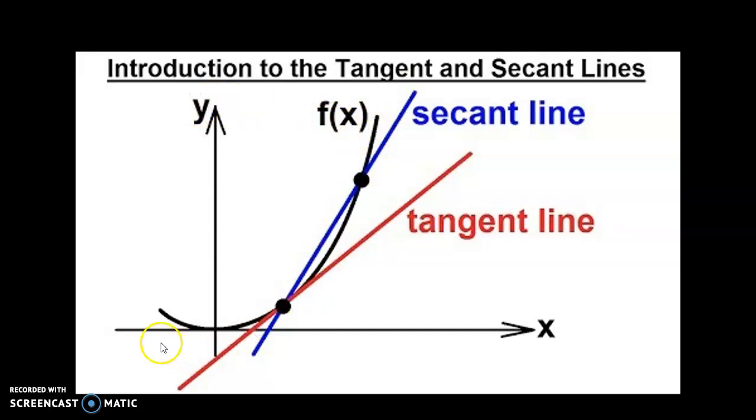For this graph, if I draw a line which is cutting at 2 points, this and this, that means this blue line is known as a secant line. If this point merges with this point, that means it is approaching, and if it merges with this point, then this blue line becomes a red line, and that is known as the tangent line.